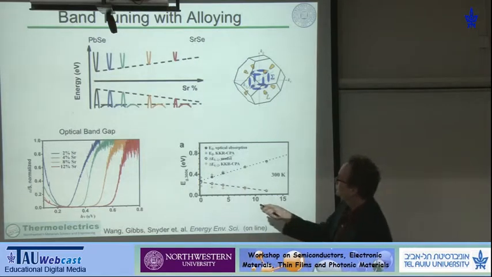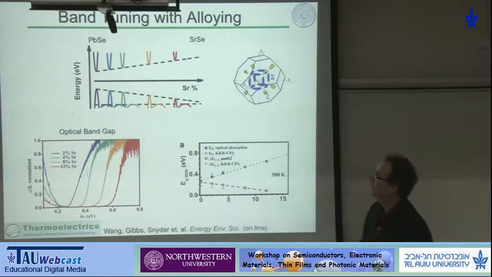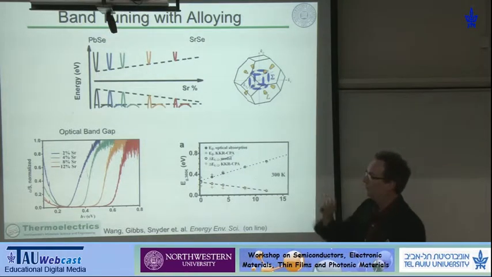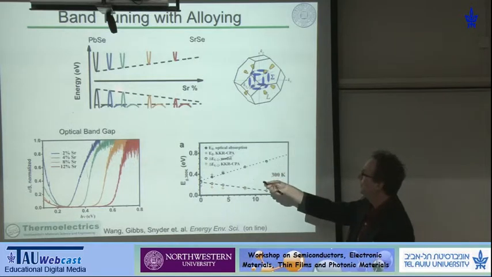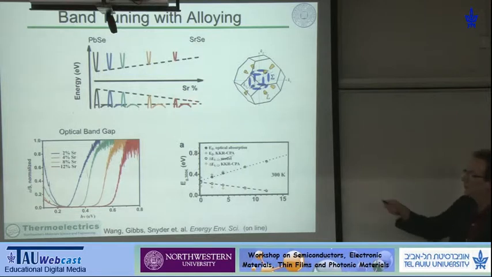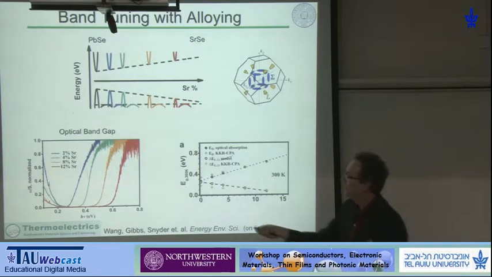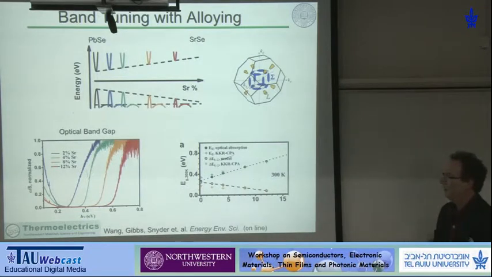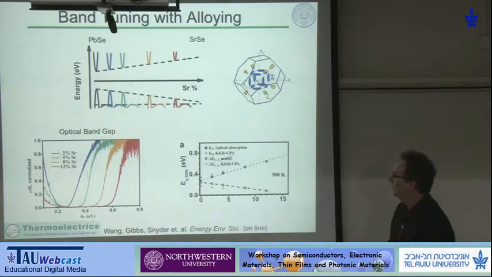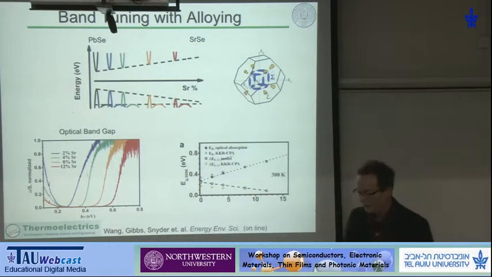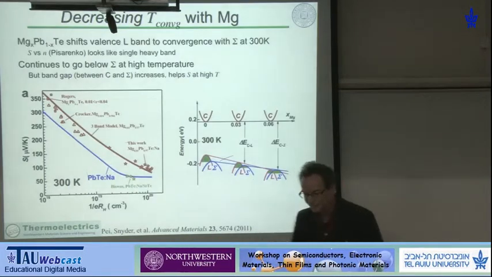So an example is lead selenide when alloyed with strontium selenide. Lead selenide is a very narrow gap semiconductor. Strontium selenide is much higher band gap. That opens up the L pockets to be closer to the sigma pocket, and we can see the change in band gap optically as we increase the strontium content. We can also compare that theoretically.